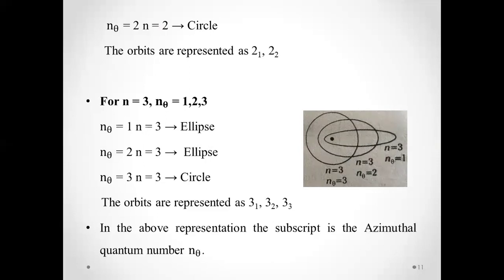If n theta is equal to 3 and n equals 3, since the two values are same, definitely the orbit is a circle. The different orbits here are represented as 3,1, 3,2, 3,3. In the above representation, the subscript is the azimuthal quantum number n theta. Thank you.